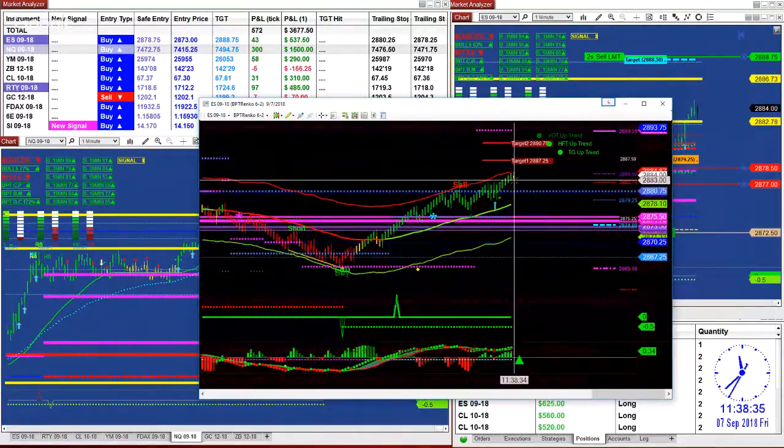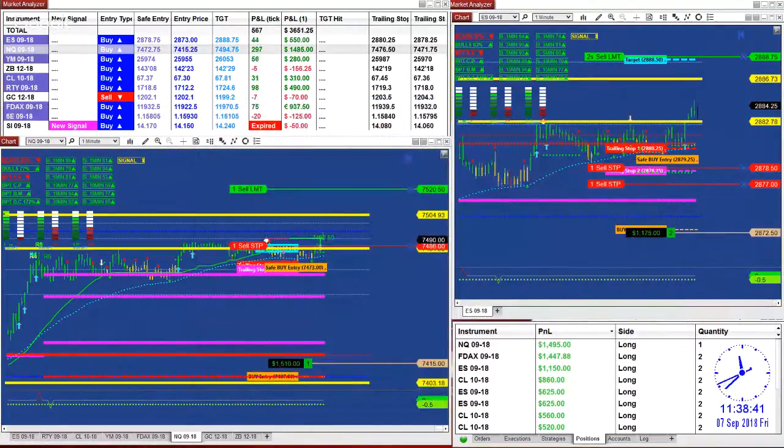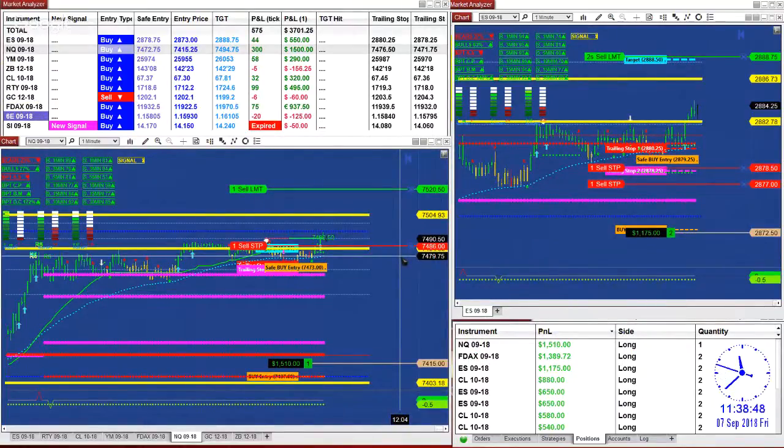Tell me where this bar is going and get it over with. Just tell me where this bar is going. This is the most difficult task in futures trading, trying to predict the market, not follow the market. So let's see where we're going to end up at 12 o'clock with this market, ES.